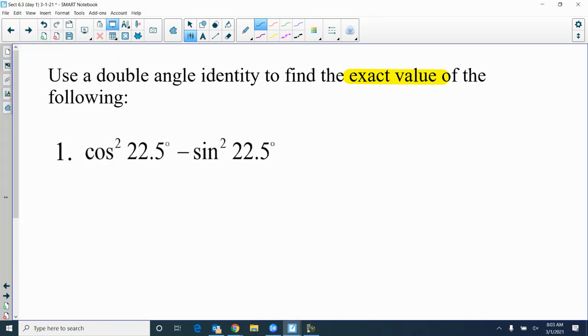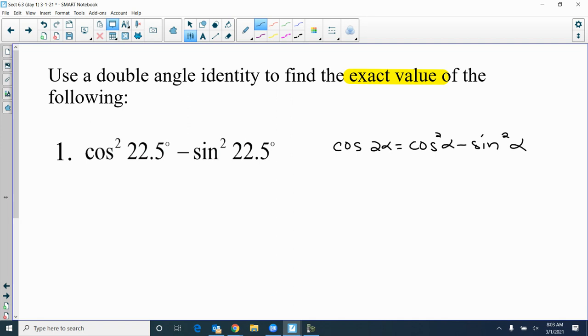All right, any ideas how we can do this? Where on our identity sheet do we see the form cosine squared minus sine squared? What's that? Cosine 2 alpha. Cosine of 2 alpha is equal to the cosine squared of alpha minus the sine squared of alpha. So in this case, what is our alpha?